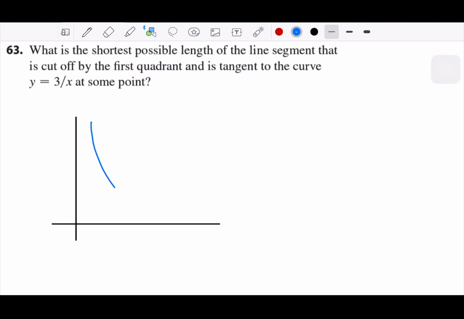If this is y equals 3 over x, and maybe this is the tangent. So it's asking what's the length of this?